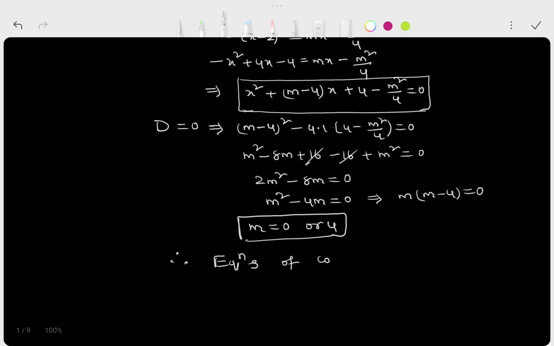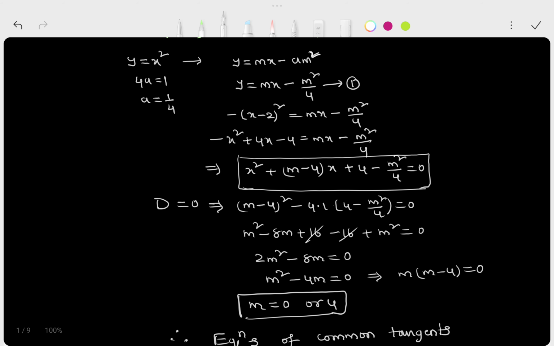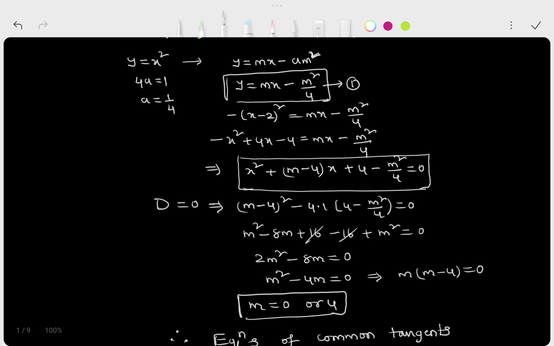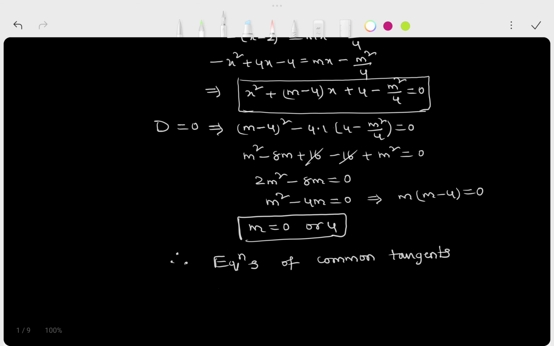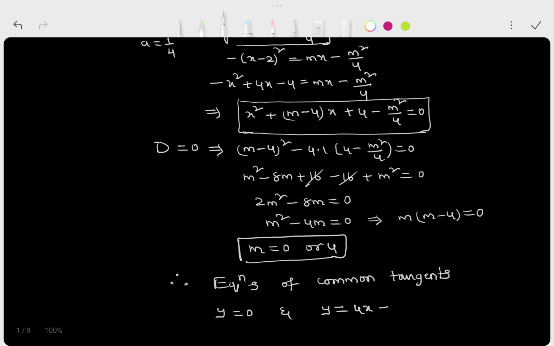One equation: if you write m = 0 in the first equation, you get y = 0. And the other one, with m = 4, will be y = 4x - m²/4.